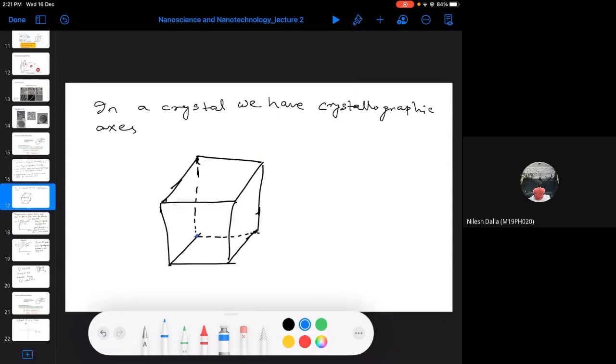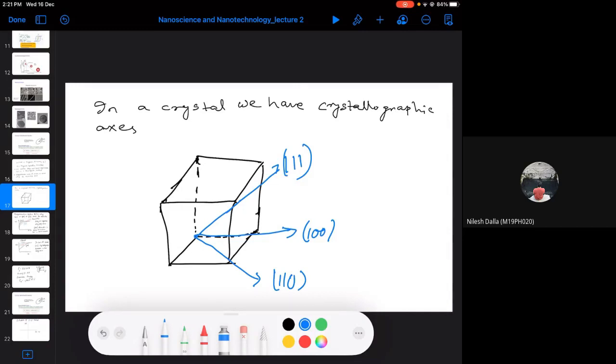Let's say this is your 100 axis or 100 direction. Then you'll also have a 110 direction. Then you also have a 111 direction. So different crystallographic directions that can exist in a cubic crystal.